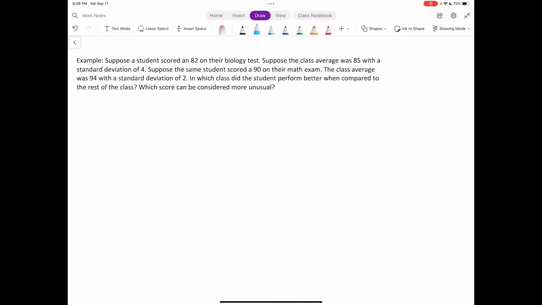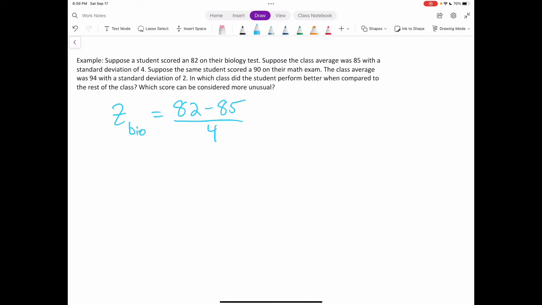All right, so we're going to have to calculate not one, but two z-scores. So let's talk about the z-score for biology. I'm going to abbreviate that z-score with the subscript bio. What we do is we take the student's score on their biology test, which was an 82, subtract the mean for biology, which was 85, and we divide that by the standard deviation of 4.